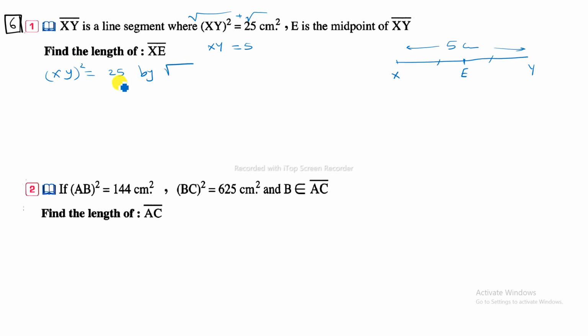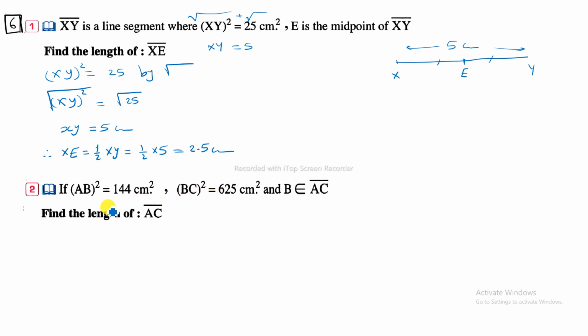By taking square root of both sides, square root of XY power 2 is equal to square root 25. Here I didn't write positive or negative because we are talking about lengths, so it will be positive only. So XY is equal to 5 centimeters. Therefore XE, which is half XY, is equal to half times 5, which is equal to 2.5 centimeters.